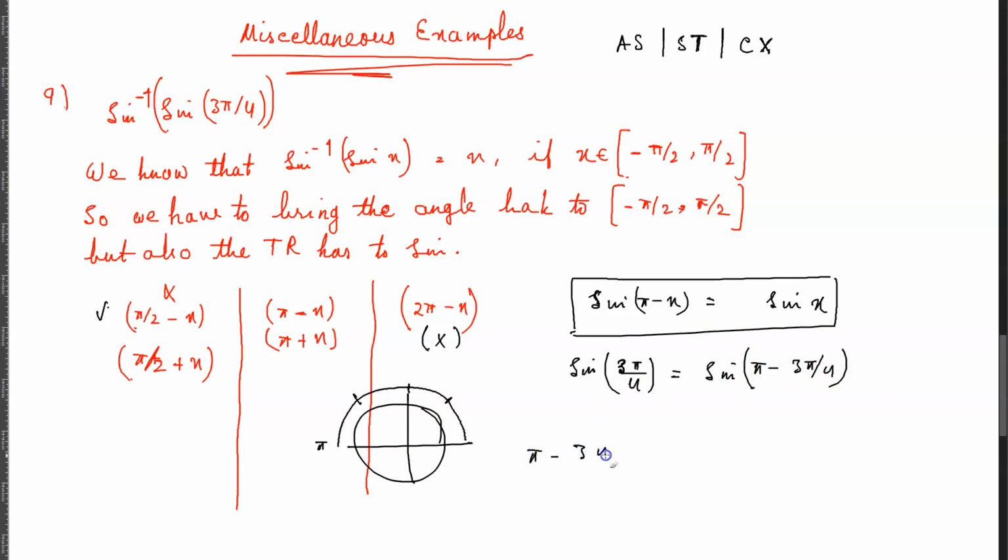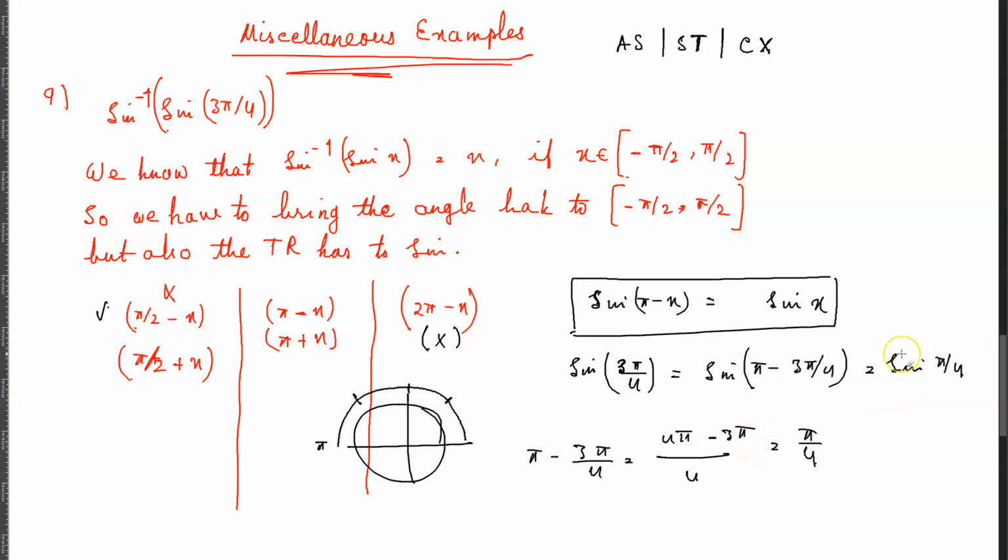Pi minus 3 pi by 4 is equal to 4 pi by 4 minus 3 pi by 4, which is equal to pi by 4. That's sine of pi by 4. So that means that sine of 3 pi by 4 is actually equal to sine of pi by 4.